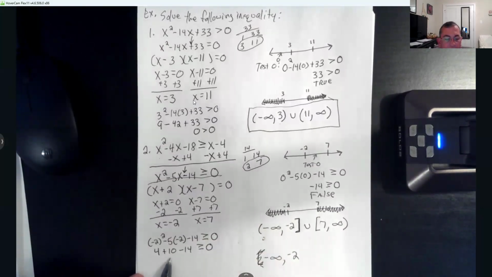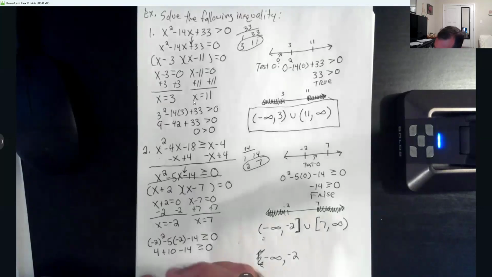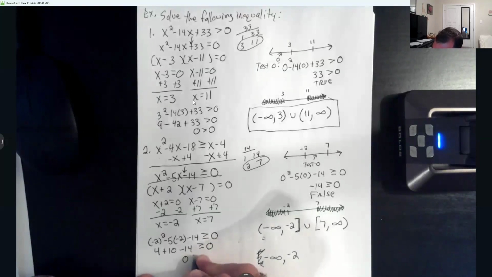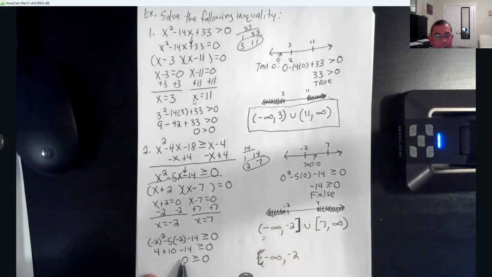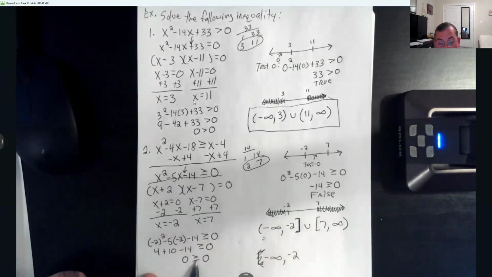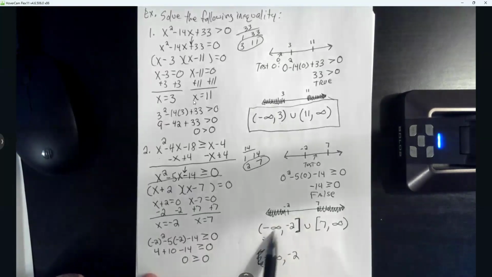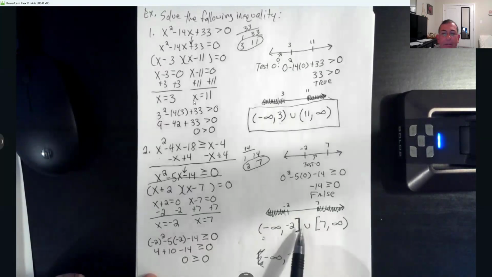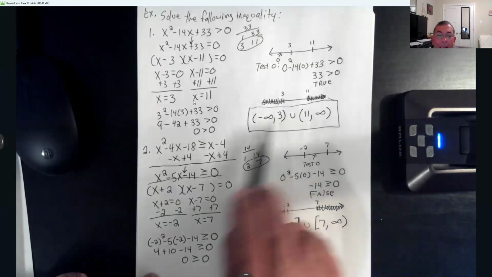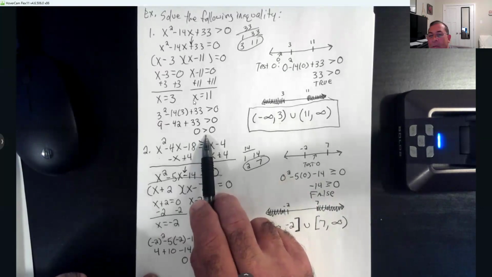Well, y'all, 4 plus 10 is 14 minus 14. I get 0 greater than or equal to 0. So see, this is true because of the equals on it. Okay. So since it was true for negative 2, I put that bracket. So are you seeing the difference? This 3 didn't make it true because it didn't have the equals on it.